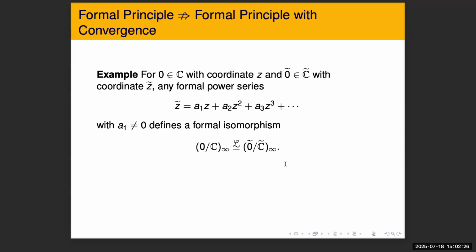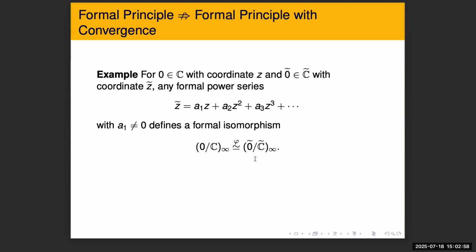It's very easy. Take any point O on the complex line with coordinate z, and any point O tilde on the complex line with coordinate z tilde. Then any formal power series with the first coefficient non-zero defines a formal isomorphism between the formal neighborhood of the point O and the formal neighborhood of the point O tilde.